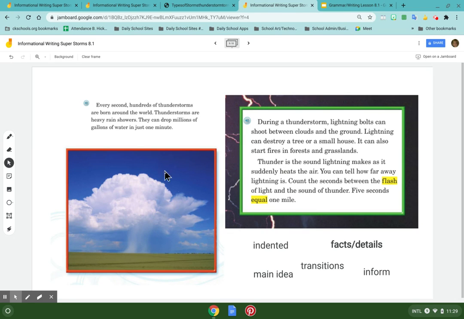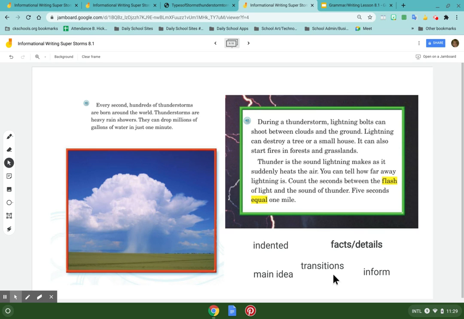Now, in your paragraph, you're going to have a main idea or a topic sentence. You are going to have facts and details that support things. You're going to have transition words. And what transition means is to move from one thing to the next. So if you get up in the morning and you brush your teeth and then you spit out the toothpaste and the water, you're moving from one thing to the next thing.